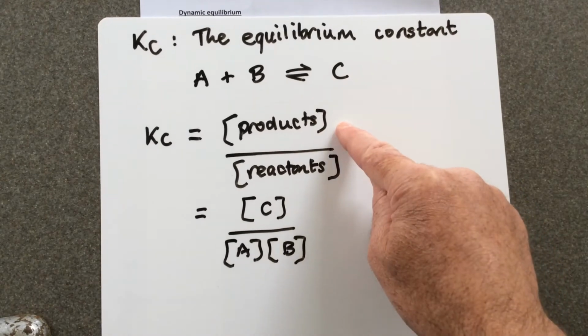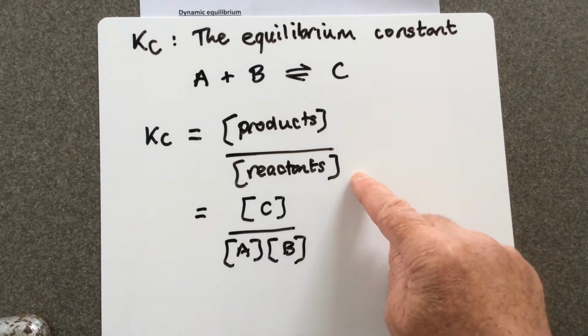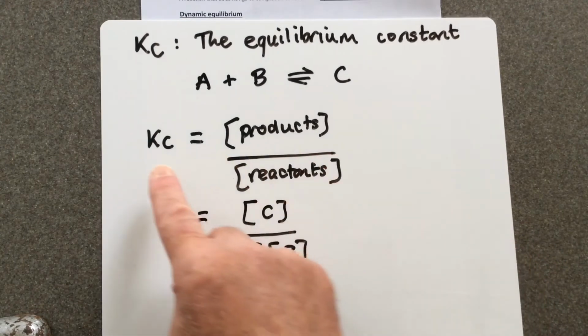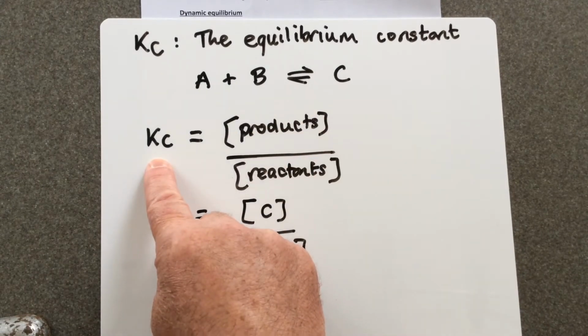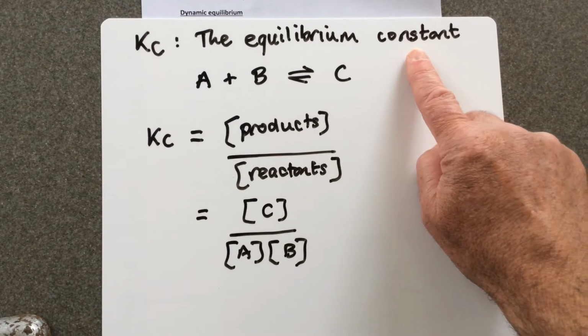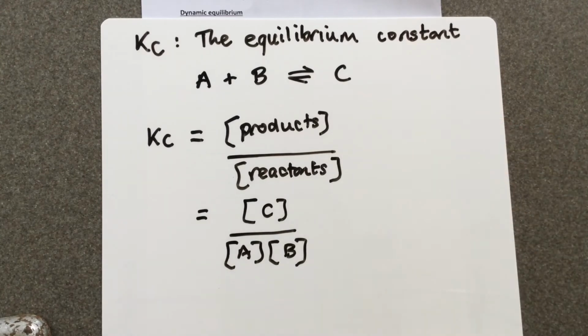So that means the concentration of products stays the same and the concentration of reactants stays the same. Which means that when you know the values of these things, you can end up with a numerical value for Kc. And that is, as the name suggests, a constant. It doesn't change. So whatever you do to this reaction, we have to have a constant Kc value.